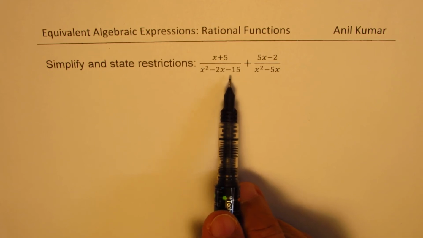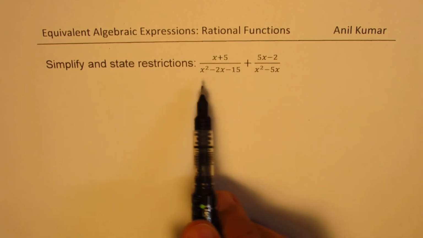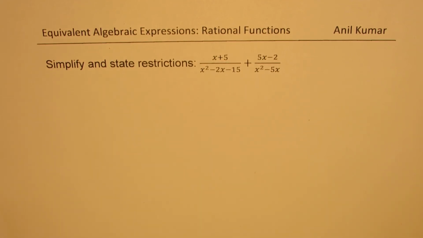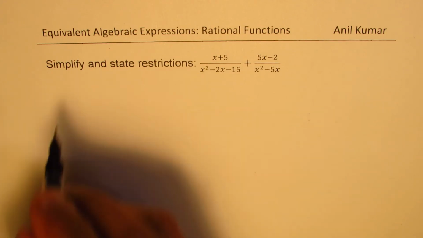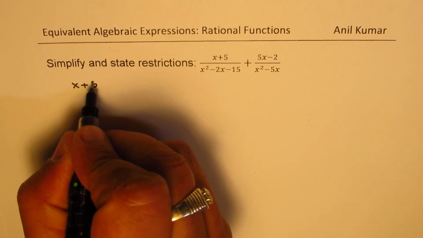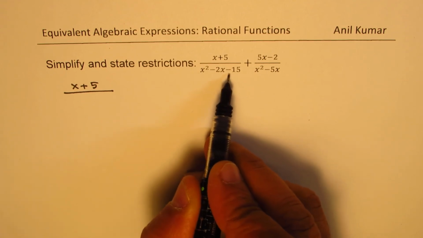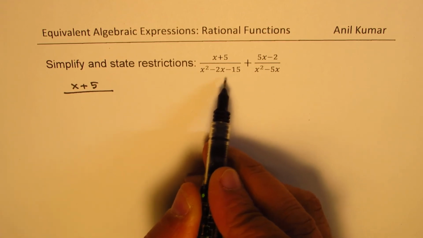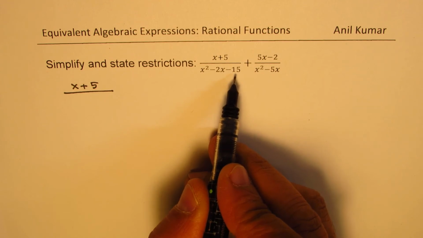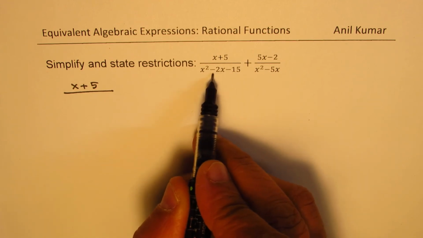Now the first step is to find the lowest common denominator. So let's factor both of them and then see what could be the lowest common denominator, right? So we could write this as x plus 5 over x square minus 2x minus 15. That means we are looking for a product of minus 15 and sum of minus 2. So 3 times 5 can work.